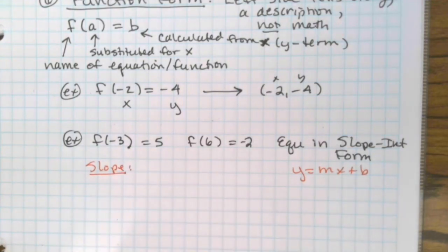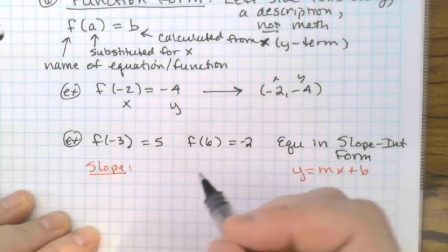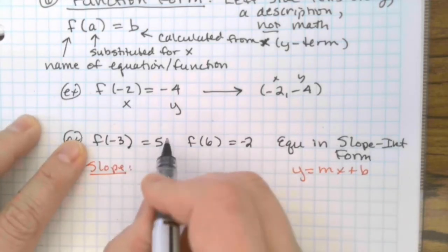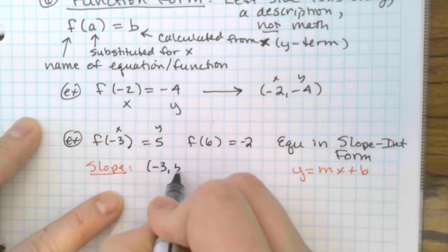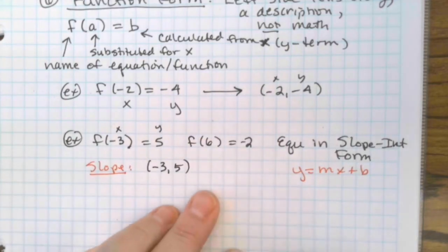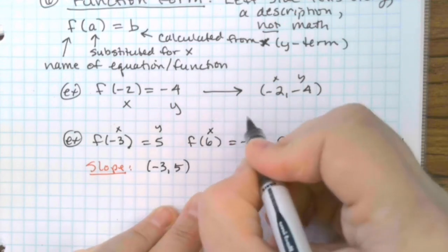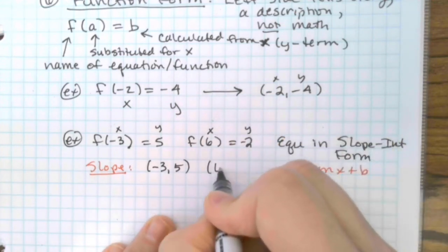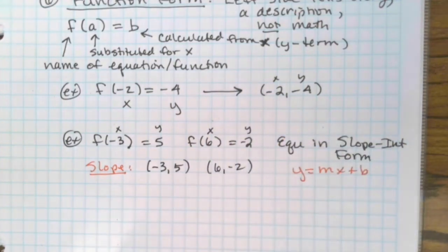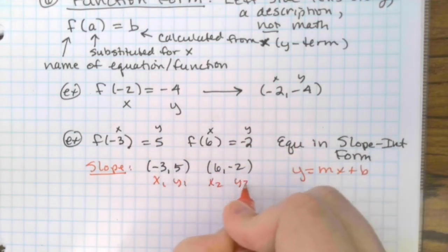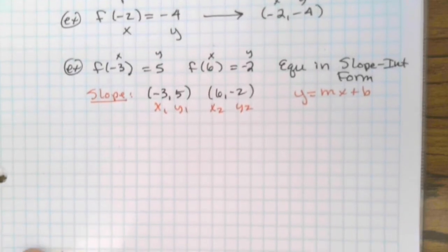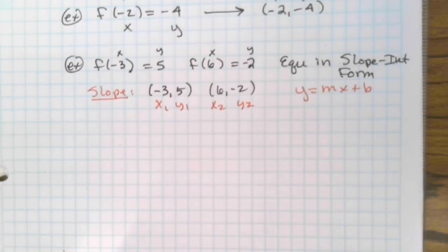And so I need points for that. There is no slope formula in function form. So -3, 5: -3 is the x, 5 is the y. So the point is really -3, 5. F of 6, the x is 6, the y is -2. We have 6, -2. So x1, y1, x2, y2. Once we're in Cartesian form, we can crank it through our slope formula.